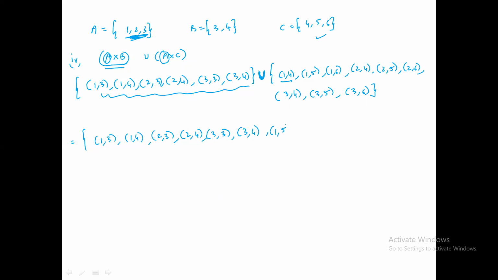So I'll write (1, 5), (1, 6). (2, 4) is already written. So I will write (2, 5), (2, 6). (3, 4) is already written. So I will write (3, 5), (3, 6). These all come under union.